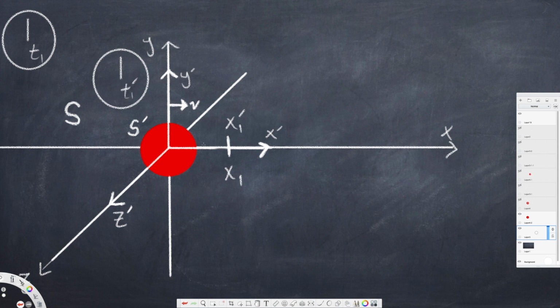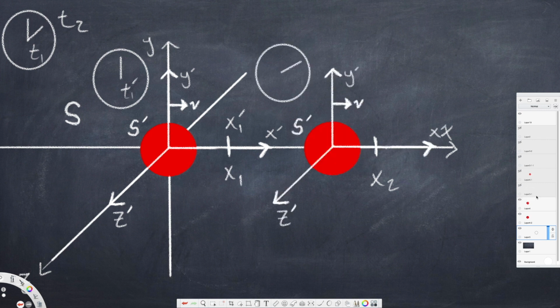Let event 2 have a position in time x2, t2. So after some time, this clock ticks here, and we have time 2, and we can say some value here is x2, and in the frame S prime, we could say x2 prime and t2 prime.